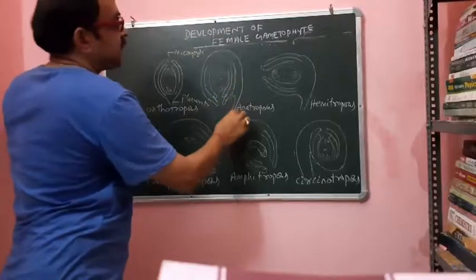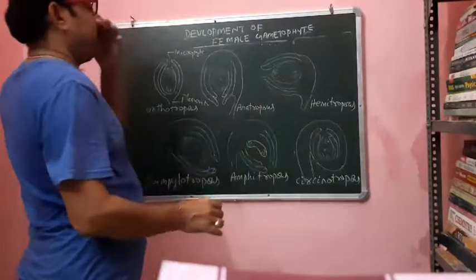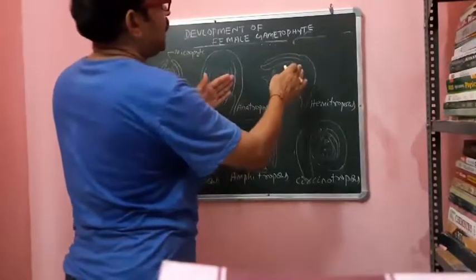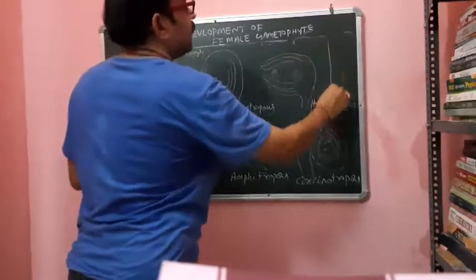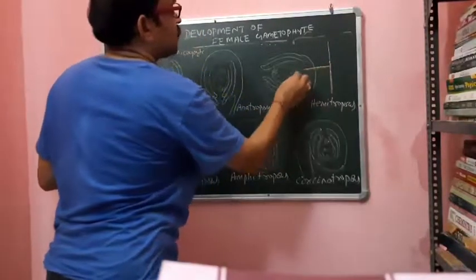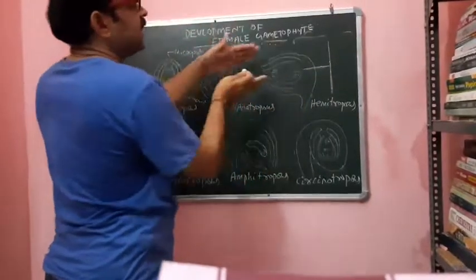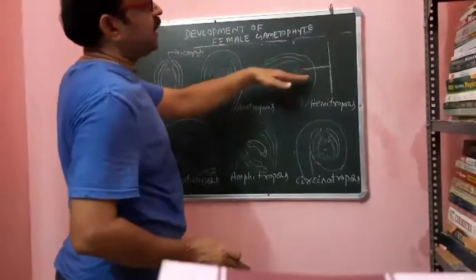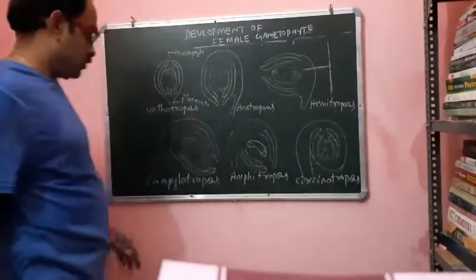In the next type, the micropyle and chalaza are at a right angle to the placenta. It is not present in an axis. This type of ovule is called hemitropous ovule.